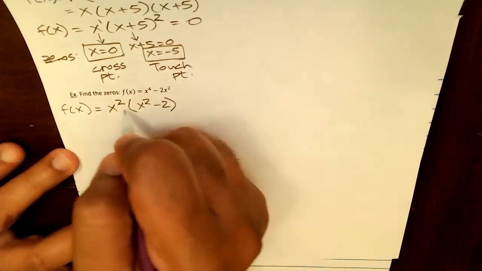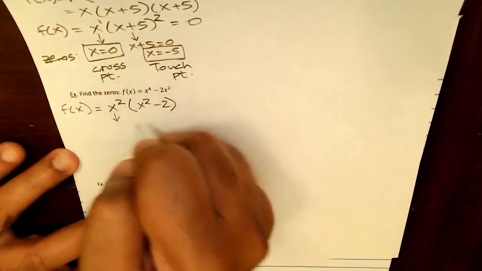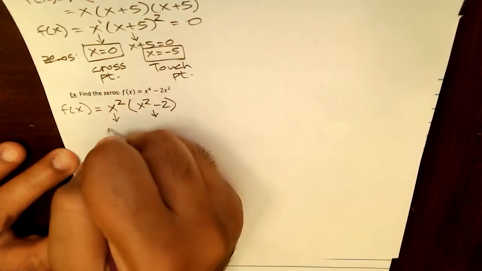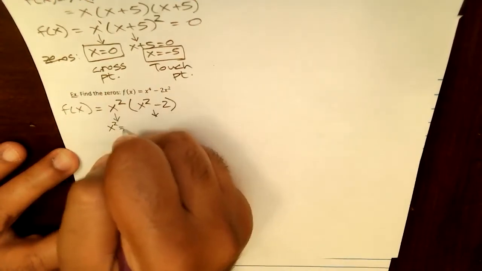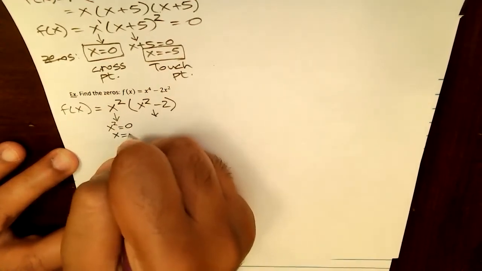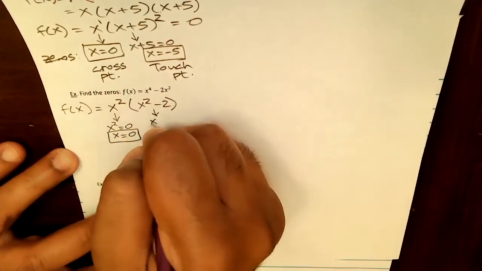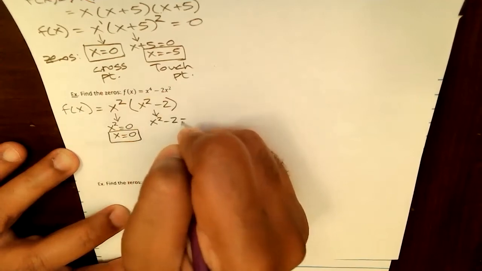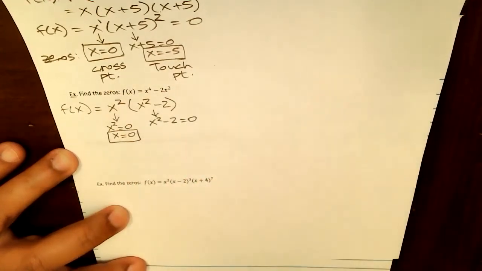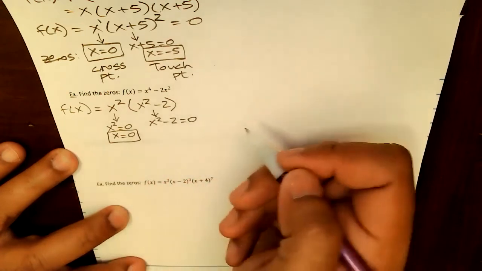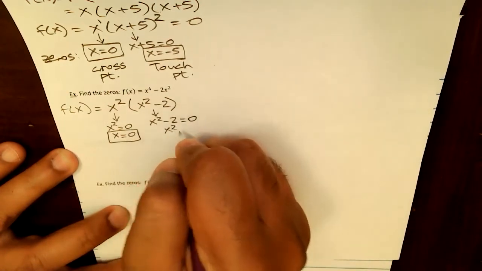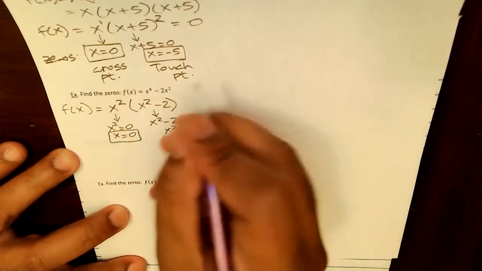I am now going to set each one equal to 0. So if I set x squared equal to 0, that's just going to give me x equals 0. And for the next one, if I set x squared minus 2 equal to 0, that's going to give me x squared equals 2.